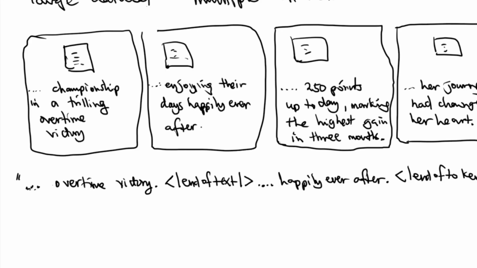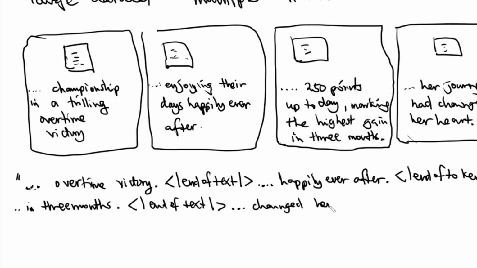And we take the next document, however many words are in it, and concatenate it there, and then we add that, in 3 months, full stop. And we put that end of text token again, and we add that one, changed her heart, full stop.